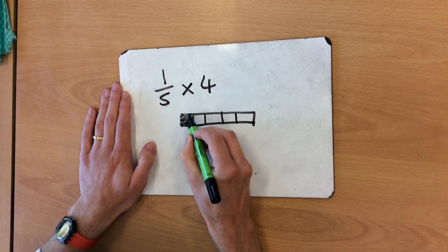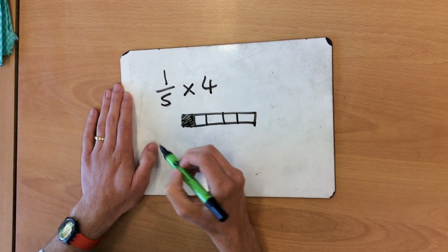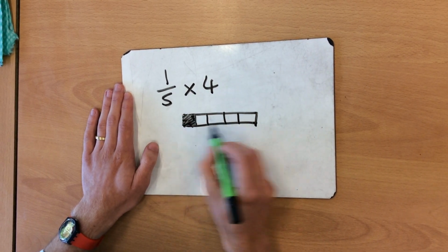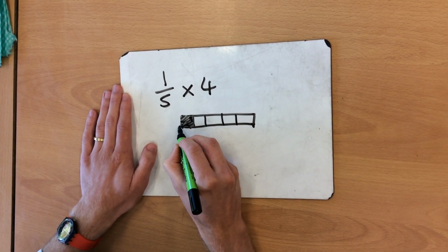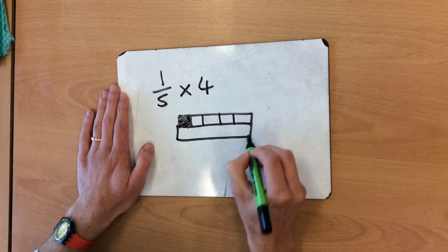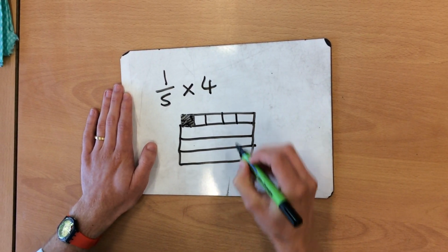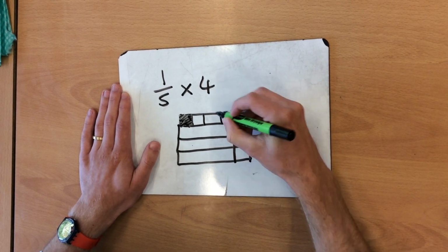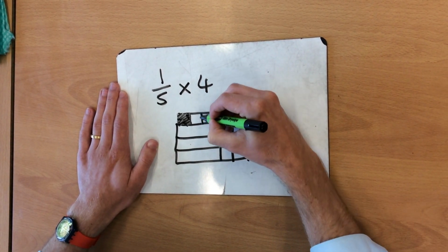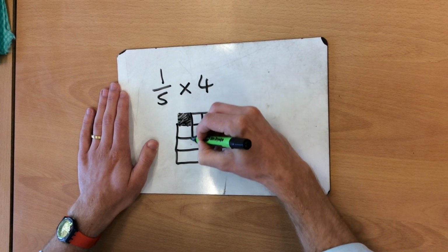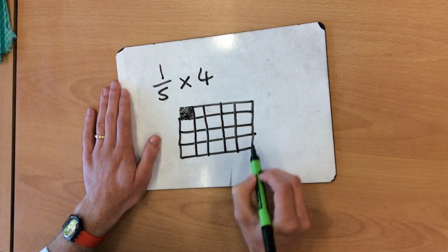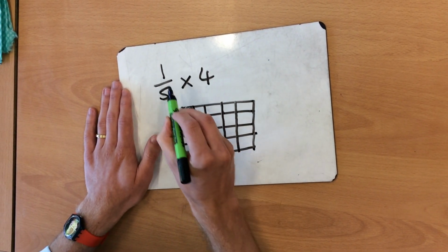So here I have 1/5, but I need 4 lots of them, 4 lots of 1/5. I've only got 1 so far, so I now need to draw another. I've got 2, 3, and 4. Please excuse the slightly wobbly lines, but it should still work. Here we go. So I've now got 4. I've got 4 bars altogether, but it's still 1/5.